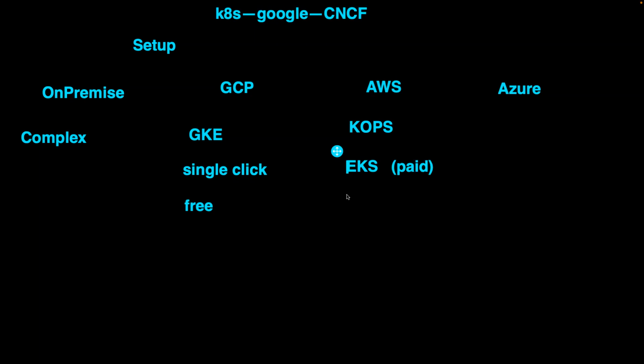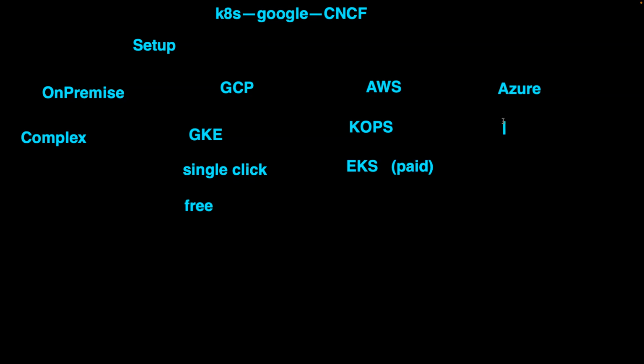Cluster setup is not so easy, but not so complex either; it's moderate. You need to know many other components here, but this is very widely used. Around 50% of Kubernetes clusters are EKS clusters. EKS has got a lot of demand. It's a paid service of AWS. Like I told you, 50% of the clusters in the market are EKS clusters, so you can imagine the demand it has got.